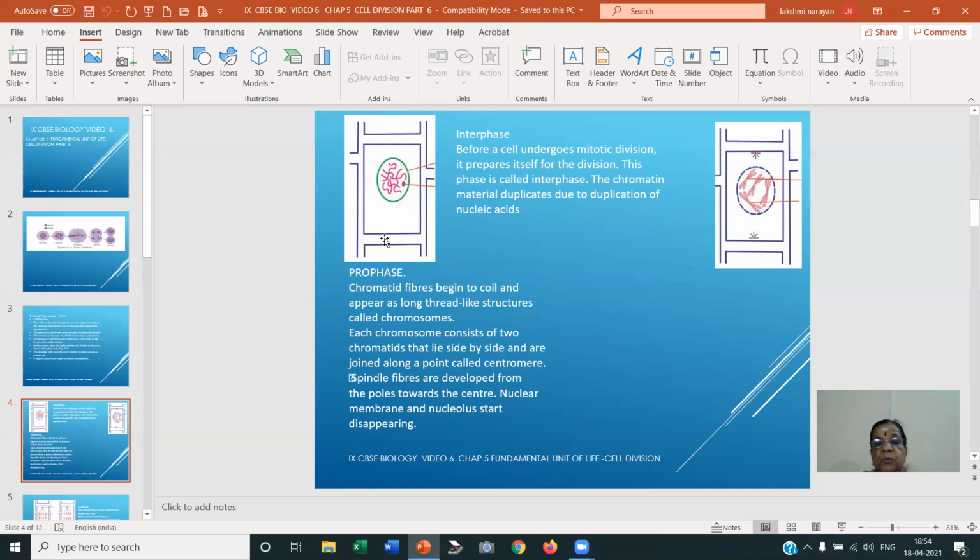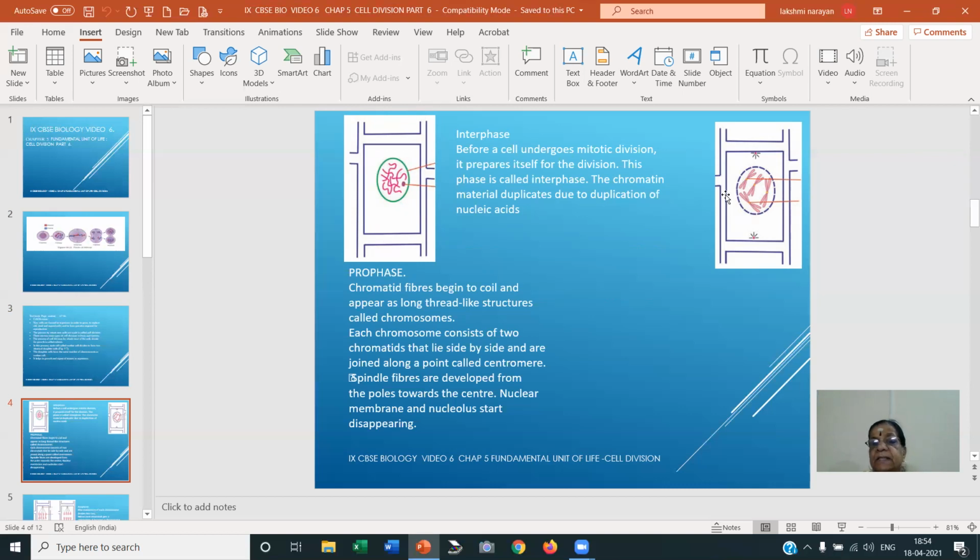Each chromosome consists of 2 chromatids that lie side by side and are joined along a point called the centromere. Spindle fibers are developed from the poles towards the center, and the nuclear membrane and nucleolus start disappearing.